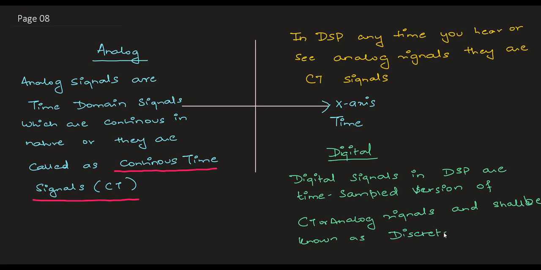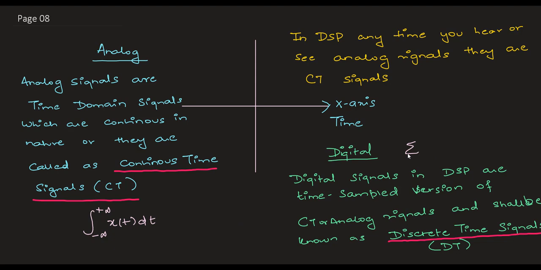Understood? We are going to see a lot of discrete time signals, how they are processed, computed, represented, and plotted. Plenty of things on discrete time signals. From here onwards, whenever you see analog signal in this course, we are talking about CT signal, and whenever I say or write digital signal, what I am talking about is a discrete time signal.